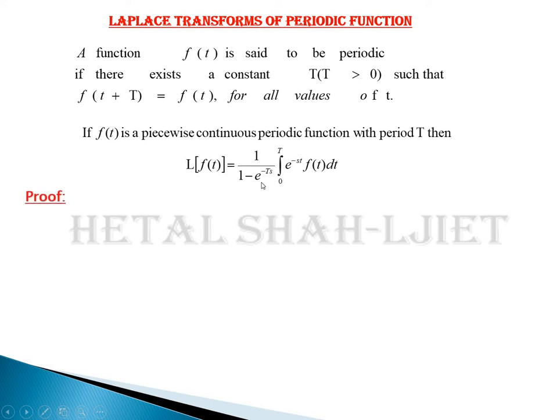For the proof, let's start with the definition of Laplace transform. The Laplace of f of t is equal to the integral from 0 to infinity of e raised to minus st f of t dt. Now, since the integration is between 0 to infinity, we have to split this integration into two parts, that is 0 to T and T to infinity.